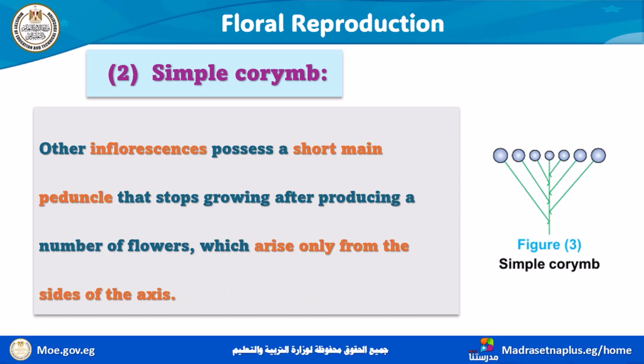The second type of inflorescence is called simple corymb. Other inflorescences possess a short main peduncle that stops growing after producing a number of flowers, which arise only from the sides of the axis as shown in our figure.